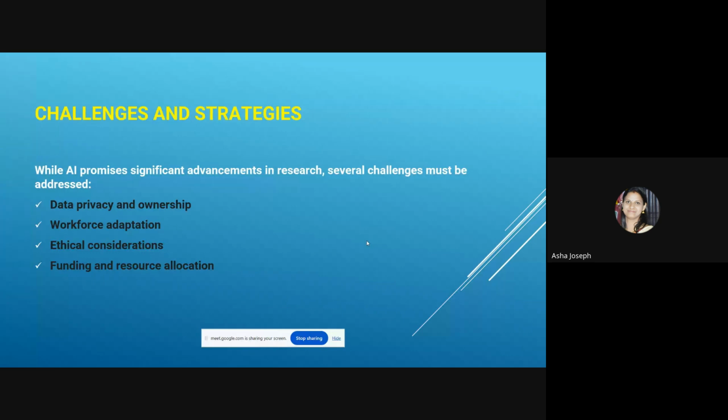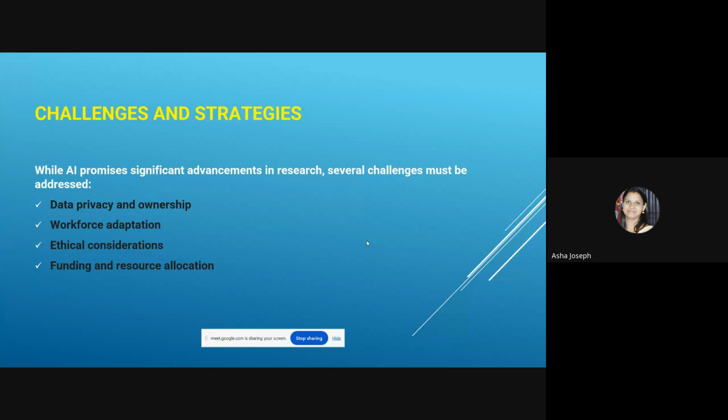Coming to workforce adaptation, the shift towards AI enhanced research will require reskilling the scientific workforce. Training programs could be introduced to help researchers effectively use AI tools, while at the same time maintaining domain expertise. Ethical consideration, this is what I was telling again.